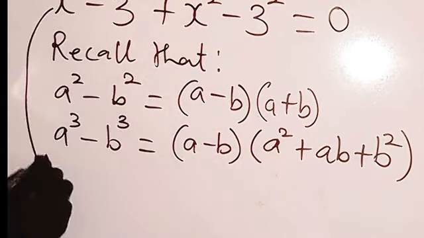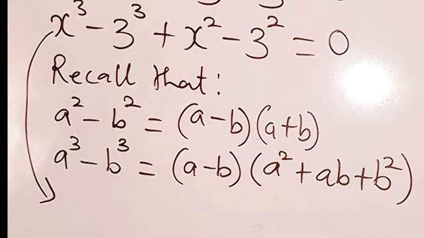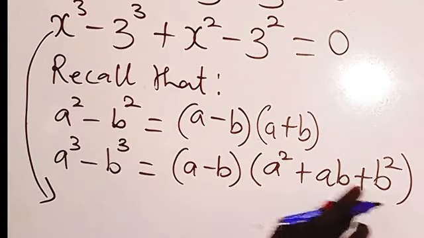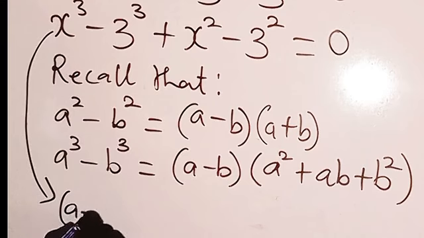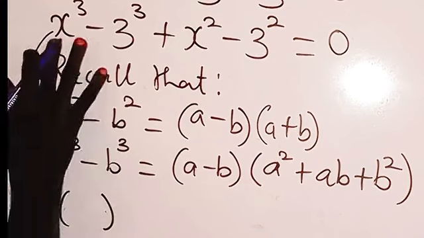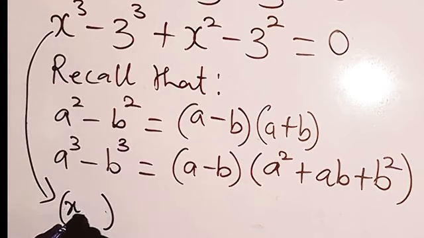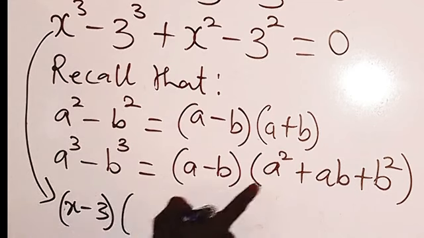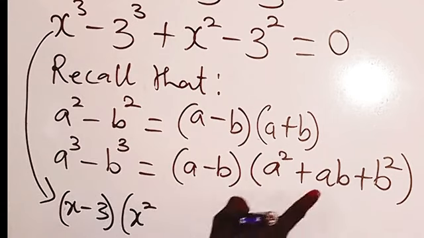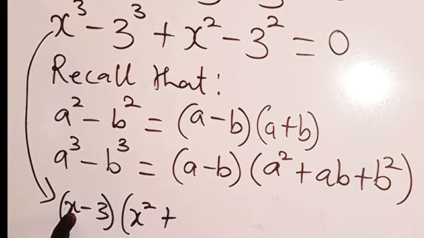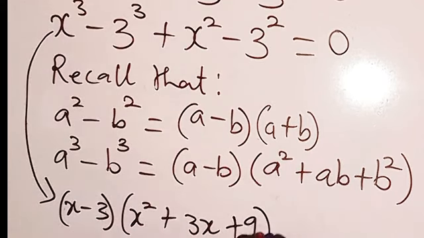From here, we are not going to use a and b again, but x and 3. So x minus 3, then x squared, plus x times 3, which is 3x, then 3 squared, which is 9.